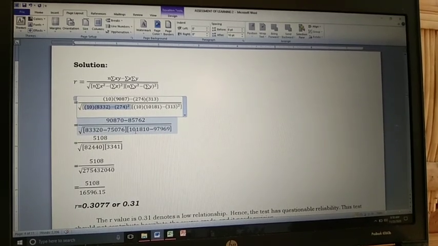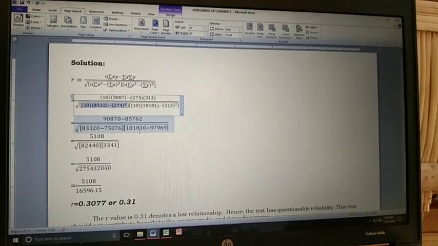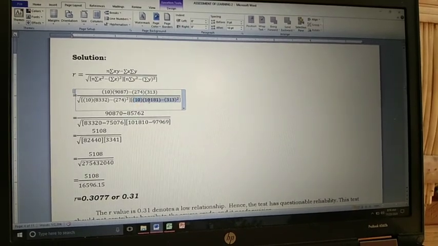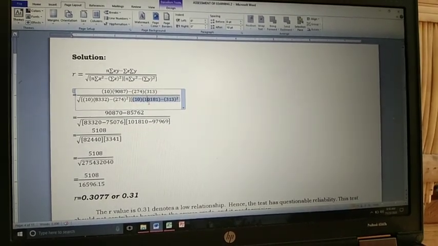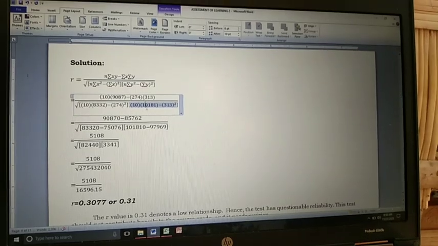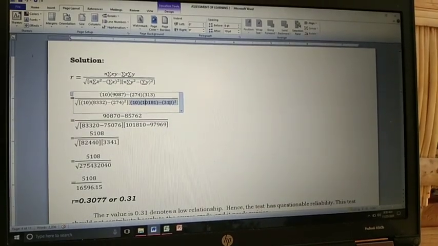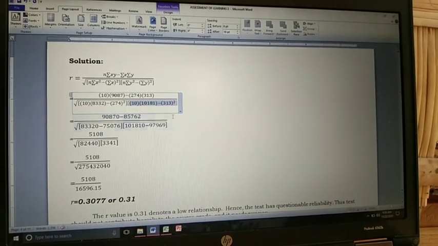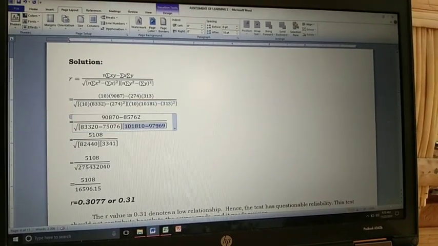Then 10 multiplied by 10 is 100, 10 multiplied by 10, 81. And minus the product of 313 raised to the power of 2. So this is the result.